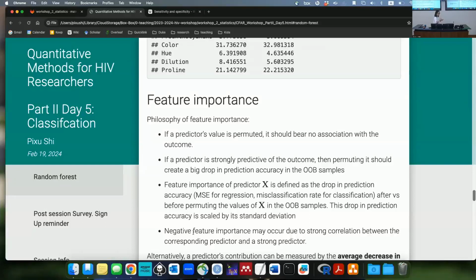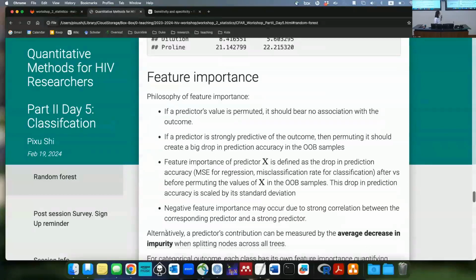So in that case, the one that you remove, if you shuffle it, it will actually give you an increased prediction accuracy. So you may see very useless or even unhelpful predictors having negative feature importance. But the bigger, the better.